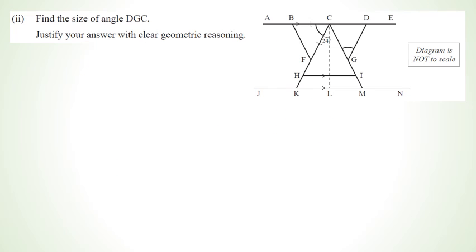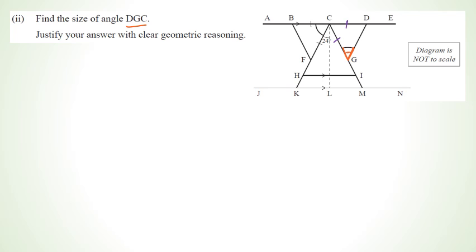Okay, so with this question you've been asked to find what angle DGC is. So I'm basically looking at this particular angle here. Now looking at my triangle, I can see that because it has a line of symmetry, the BCF triangle is going to be similar to the CDG triangle, which means this part and this part should be equal, which creates an isosceles triangle.